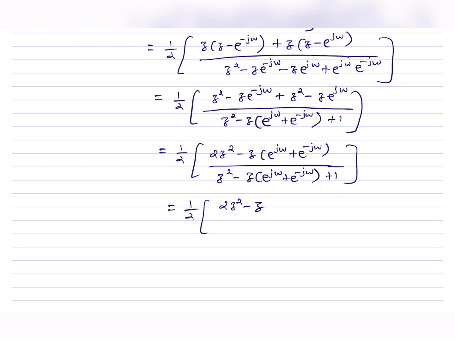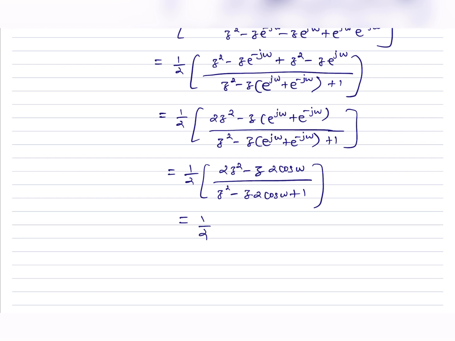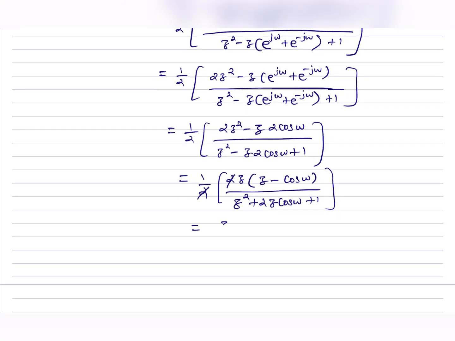You will get 2z square minus z into 2 cos omega by z square minus z into 2 cos omega plus 1. And of course you can take 2z common, so you have 1 half into 2 into z minus cos omega over z square minus 2z cos omega plus 1.